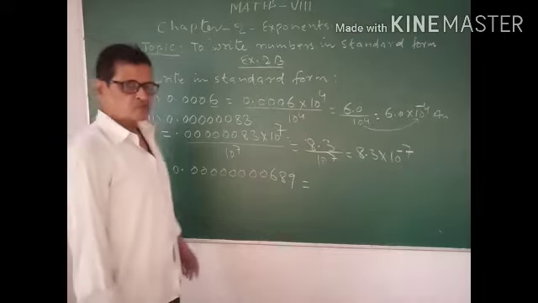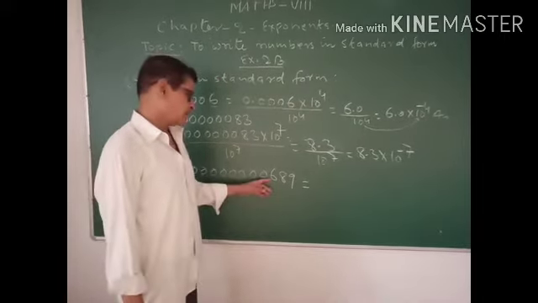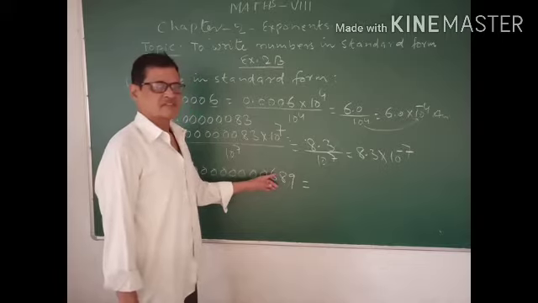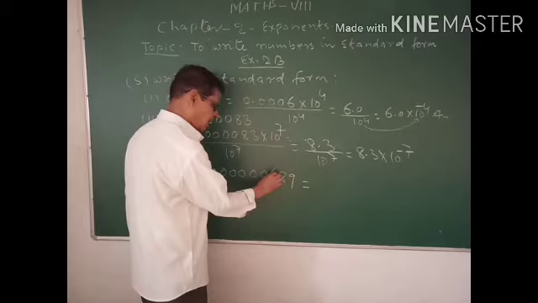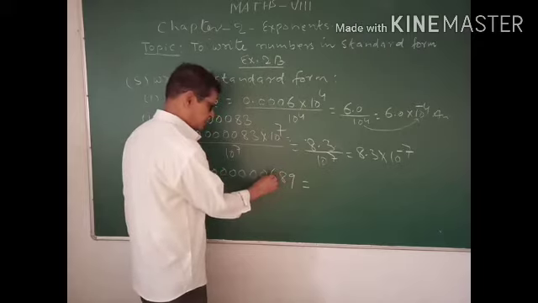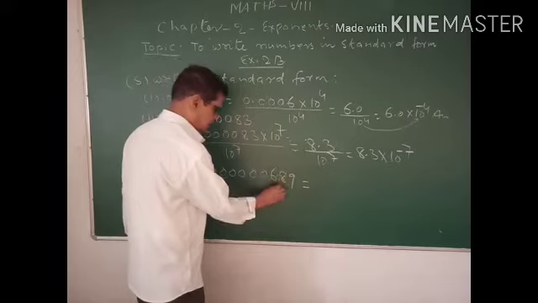Where we want to keep the decimal should be after 6, यानी you have to put a decimal after 6 here. 6 and 8 के बीच में decimal होना चाहिए, यहाँ होना चाहिए decimal.